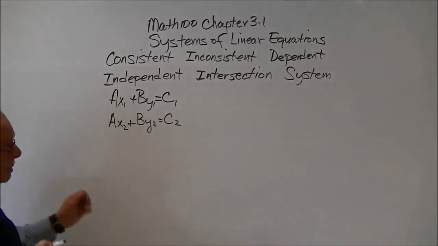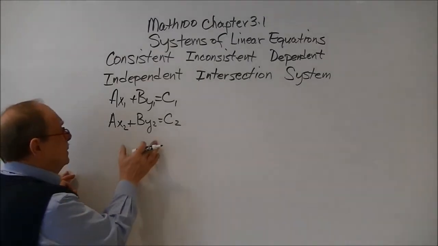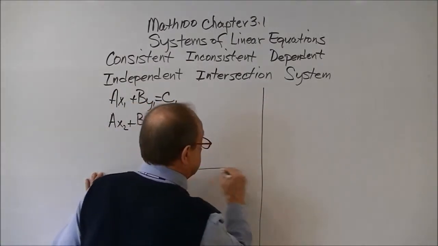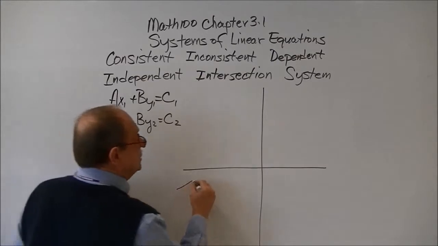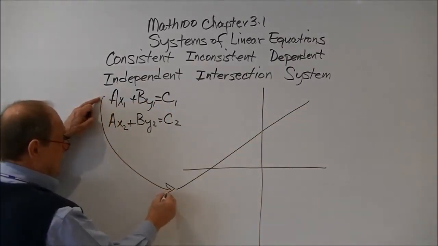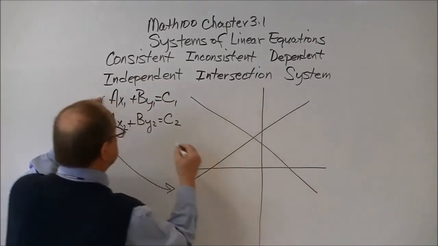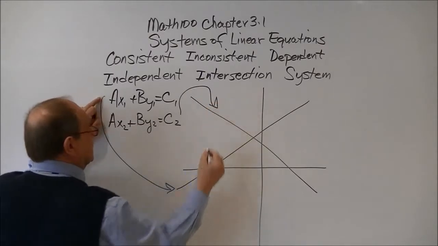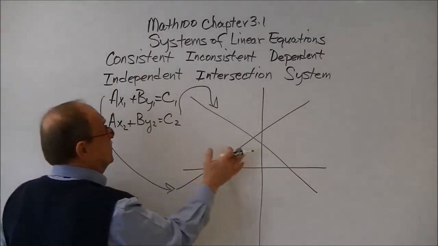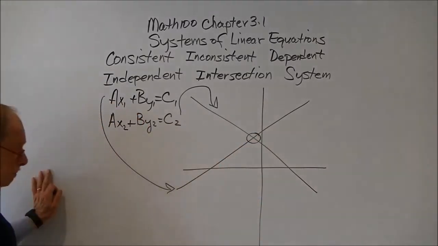Now, I'll give you a little overview of what we're going to be doing as we look at these various equations. If I were to graph, let's say, this first line, and then I graphed the second line, we note that these graphs intersect at this point right there.